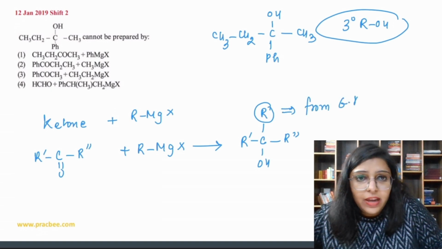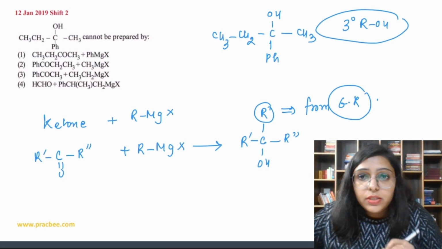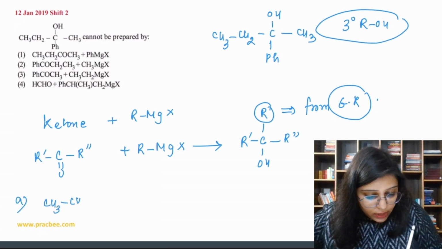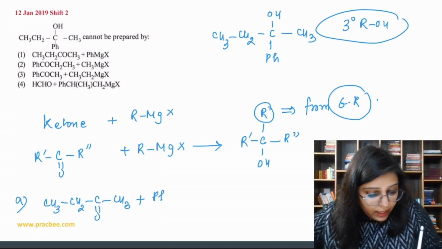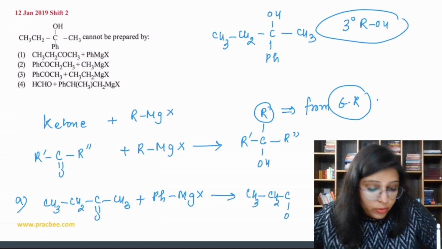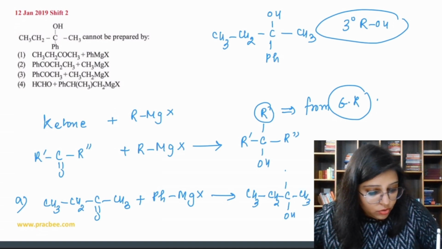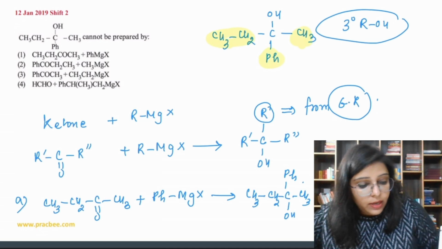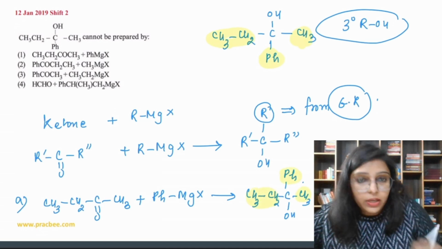So we just have to apply this trick. First is CH3CH2 C double bond O CH3, and we have phenyl MgX. So we get CH3CH2 C(OH), then CH3 and Ph. So we get the same product, with CH3, ethyl and phenyl.